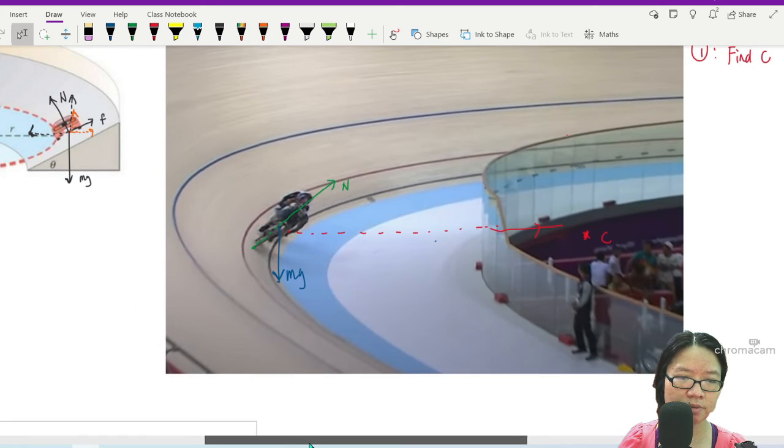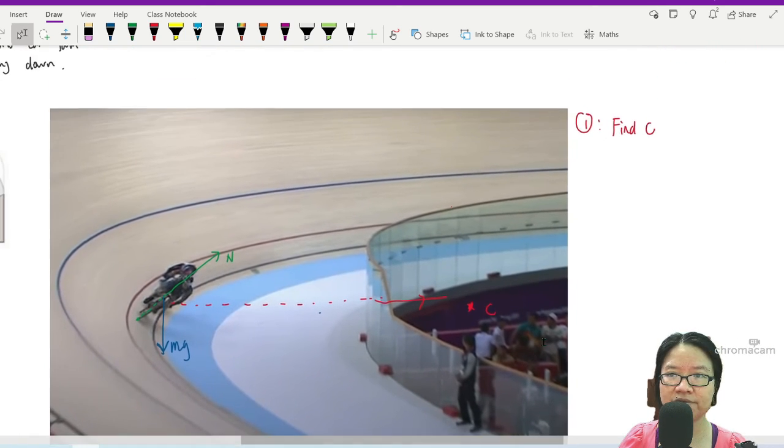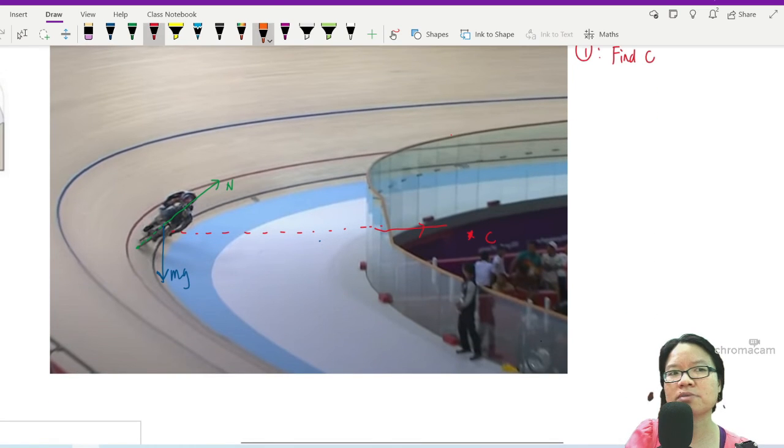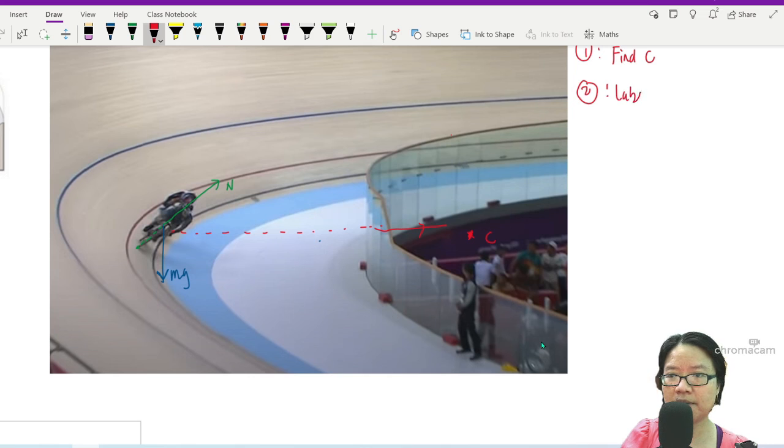Okay, so I'm going to write here. Step 1. Now let me break down the steps even more. Find C. Step 2. Label all forces. Step 3.